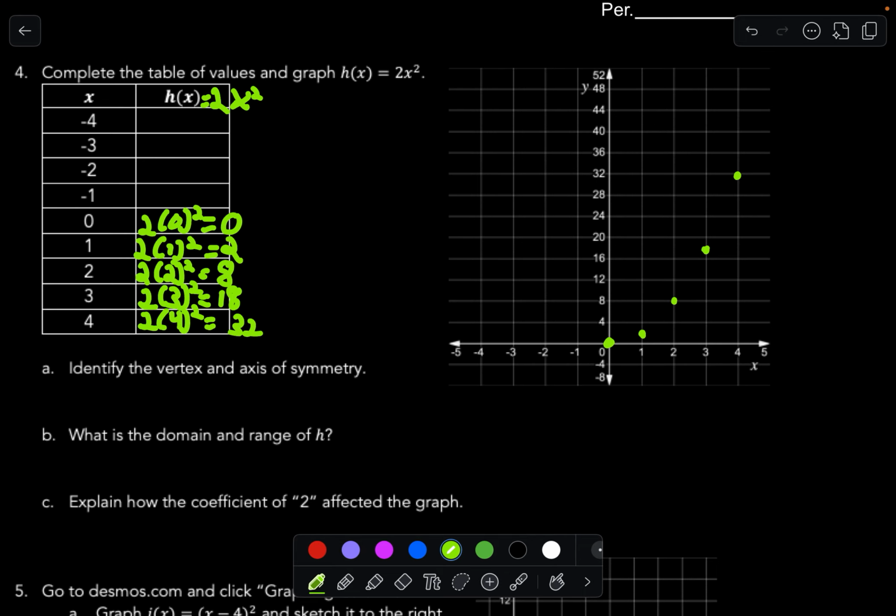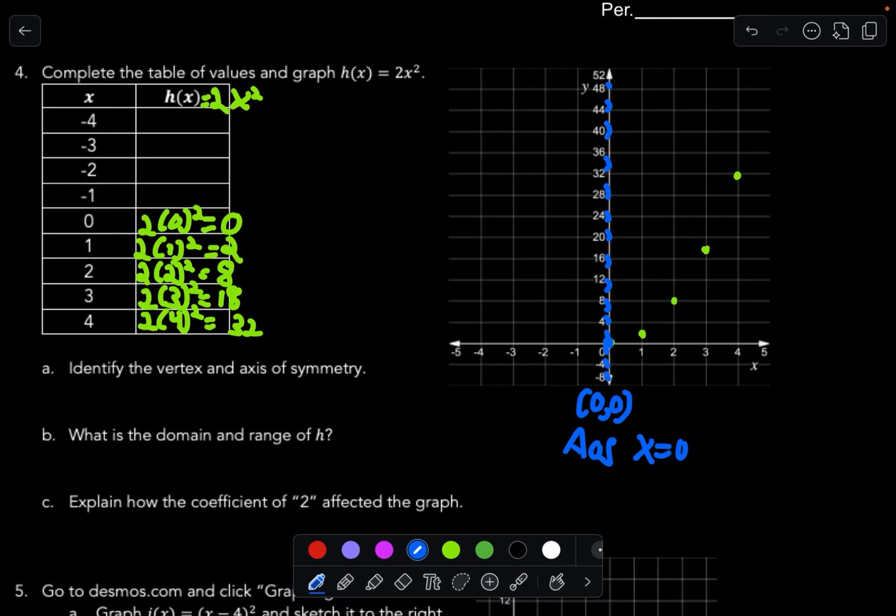Now, understanding that our vertex is right here at 0, 0, and knowing that it's symmetric on either side of our axis of symmetry, the AOS is x equals 0, we can just plot the other points.